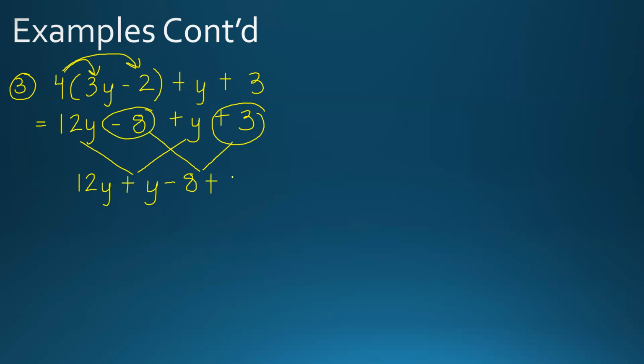It's going to be equal to 12y plus y, which is 13y. And if you owe 8 and you have 3, you pay them back the $3 that you owe them. Negative 5. Yes, you are left at negative 5. Okay, and that's how we get it.